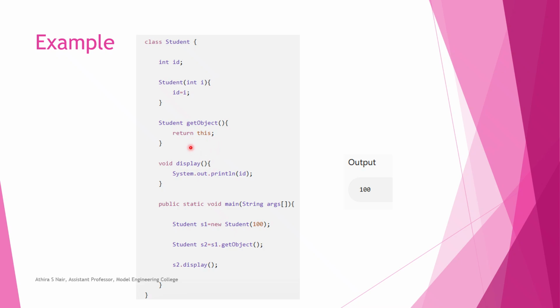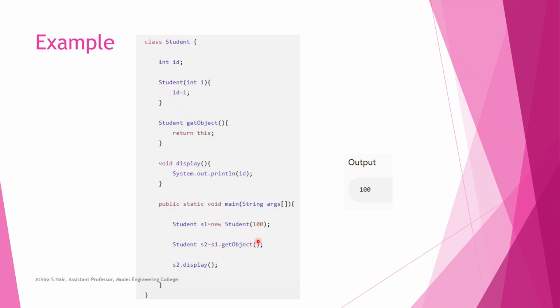Now, return this. What is this? This represents the current object. So this method returns the current Student object. When we write Student s1, the s1 object is created, and then we create another object, Student s2 = s1.getObject().